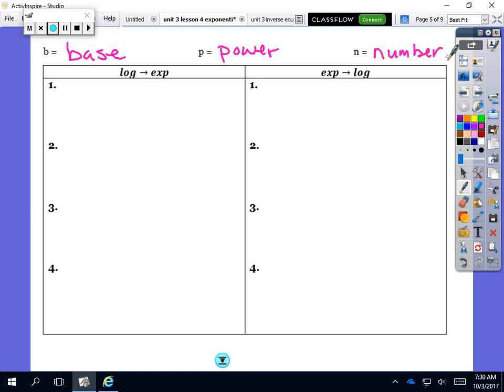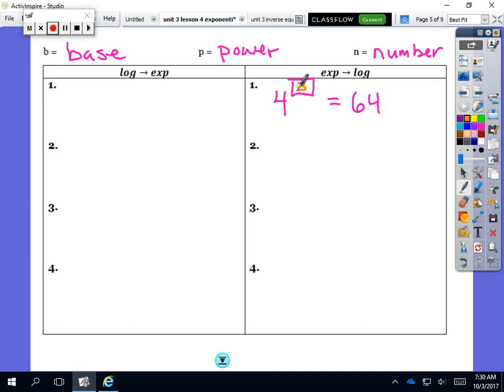And so, for instance, if I have 4 to some power, what would that power have to be in order for the number to be 64? So 4 to what power equals 64? That's the question we want to answer. And that power would have to be 3, because 4 times 4 times 4 equals 64.